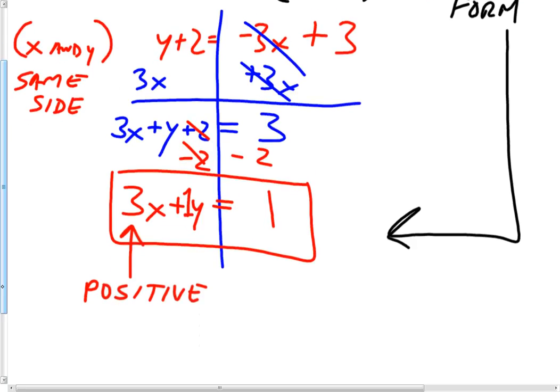Also, it's got to be not a fraction. If we end up with a fraction, then we're going to have to get rid of it. But right now, is it positive? Is 3 a positive number? Okay. Is it a fraction? No? We're good. That is standard form.